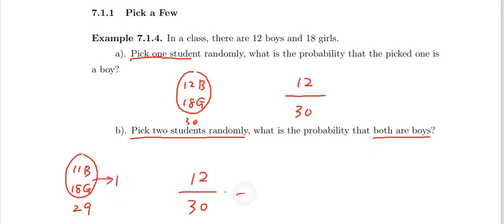So now from here, pick a second one, pick one. So there's totally 29, and the boy 11, right? So this probability is just multiply. First one, pick first one boy, then second one is boy. So this means both of them are boys. Okay.